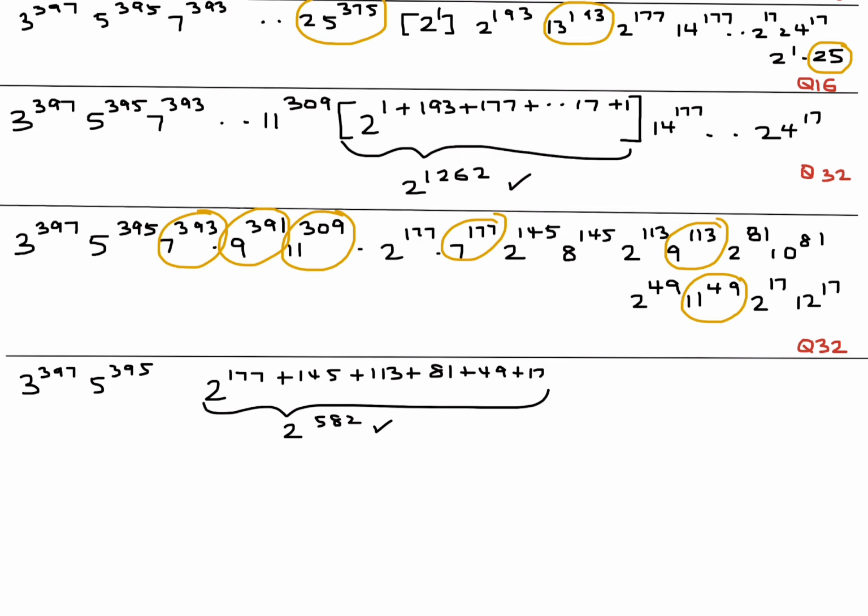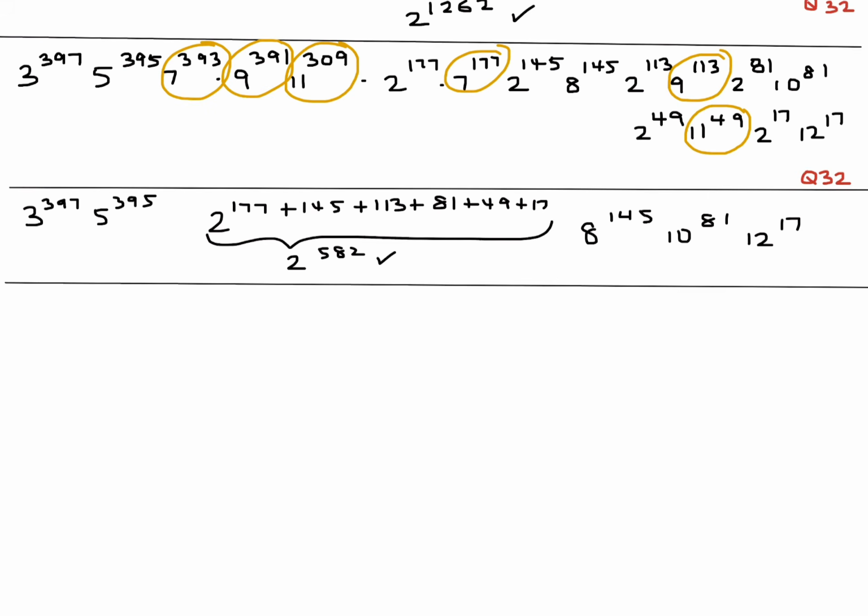So what's left? What's left on this side? It looks to me like just an 8 to the power of 145, a 10 to the power of 81, and a 12 to the power of 17. And now this is a Q64 situation. Okay. All right. This is it. The final step.